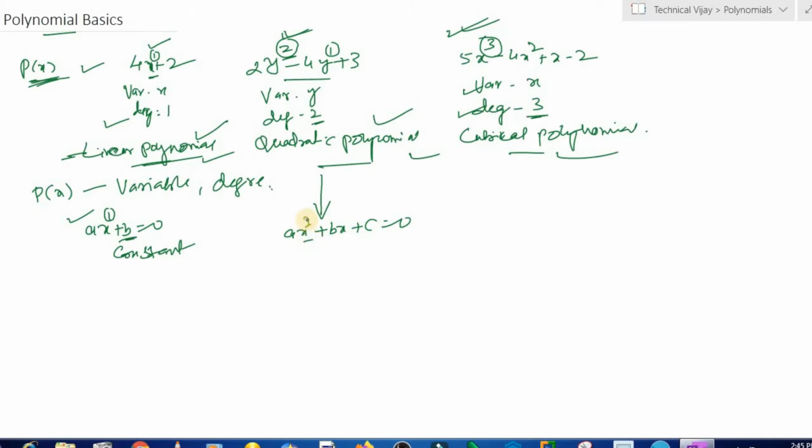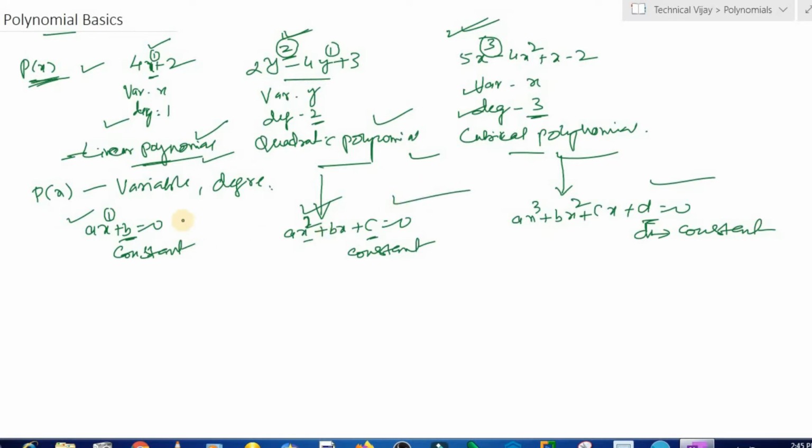The variable is x and the degree is 2. Here c is constant, so the degree is 2 means this is a quadratic polynomial. And the cubical polynomial general expression will be ax cube plus bx square plus cx plus d is equal to 0. Here also d is a constant. So these are the general formulas.